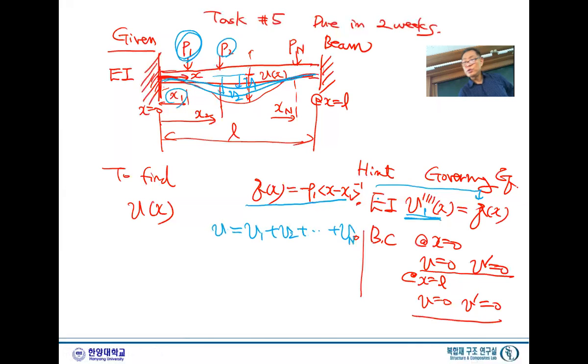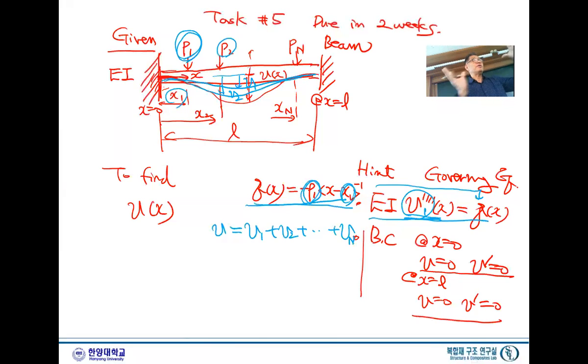So all you need to do is just solve this one. Given P1 and X1, you get the V1. And then you just change this, change that, and you sum all displacements. Okay?